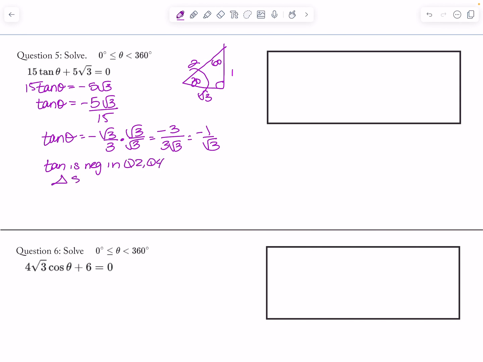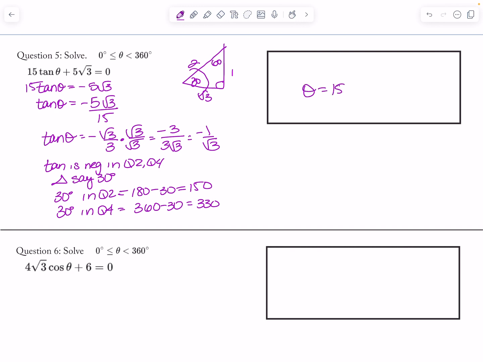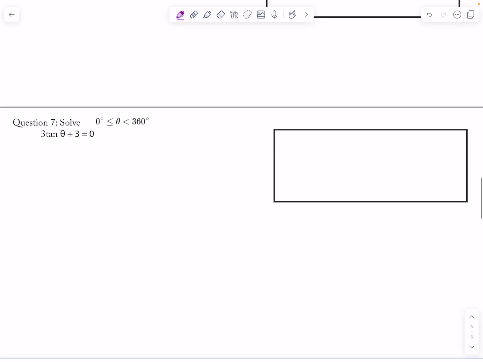My triangle says 30 degrees, so then I want 30 degrees in quadrant 2, which is 180 minus 30, which is 150, and then I want 30 degrees in quadrant 4, which is 360 minus 30, which is 330. So my theta is 150 degrees and 330 degrees.